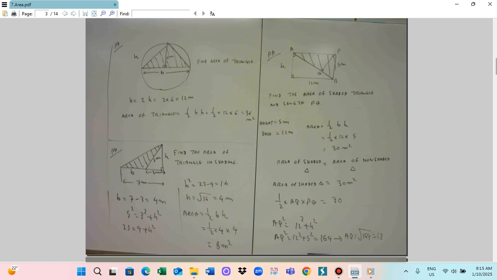And for the PQ, you can try to find this PQ. In this case, to find the PQ, you need to find the base. So this is the base, this triangle. These two triangles are equal area. So the shaded area triangle is also the non-shaded area triangle.